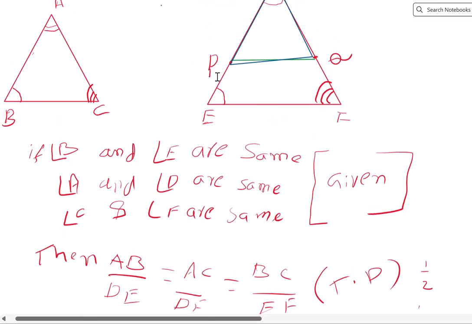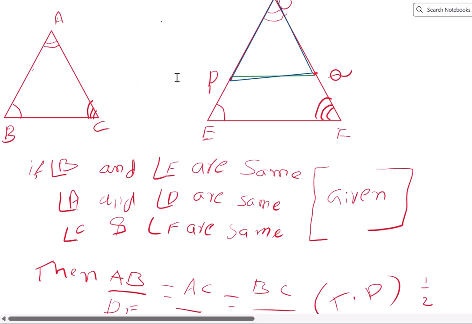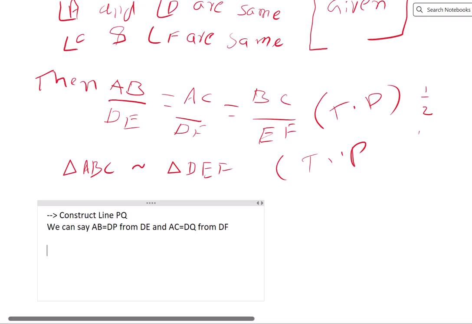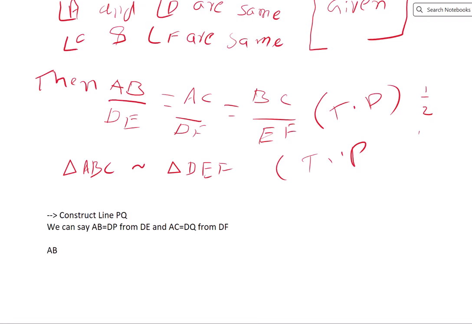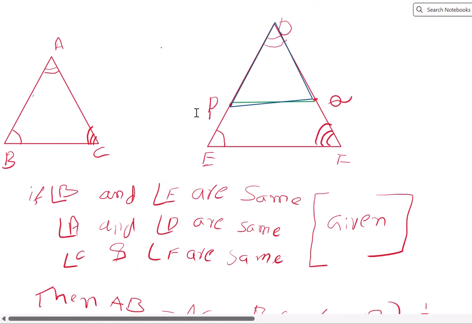In this, what we can say is we already said AB equal to DP. Okay, AB equal to DP. We have already written on the top AB equal to DP, and the angles, angle A and angle D, we already said are the same from the given.